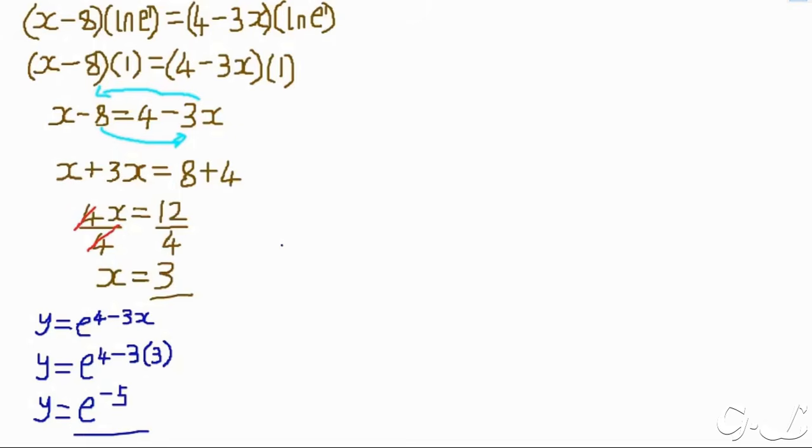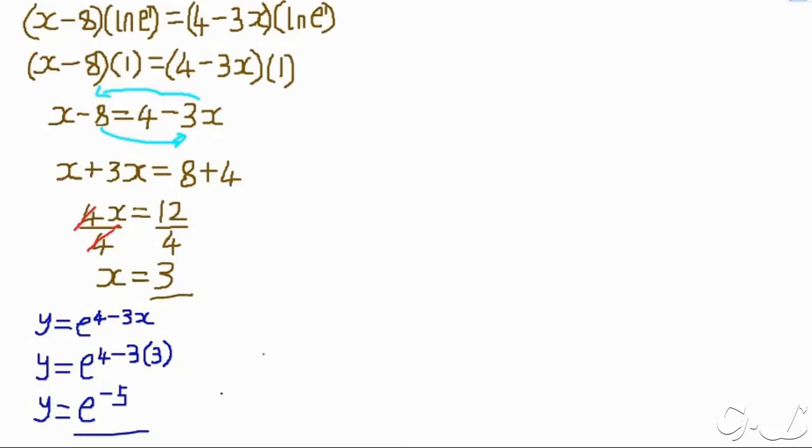Now, why have we written e to the negative 5 instead of finding the actual value of y? The reason is that when you calculate using the calculator, it will give us a value in decimal, which has a decimal point. So for us to have accuracy, we are going to write e to the negative 5.